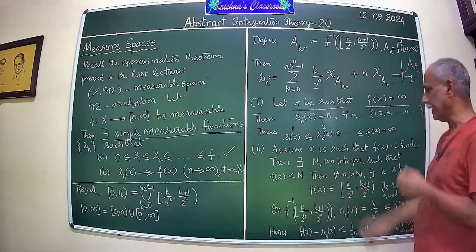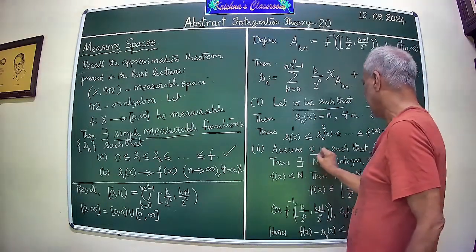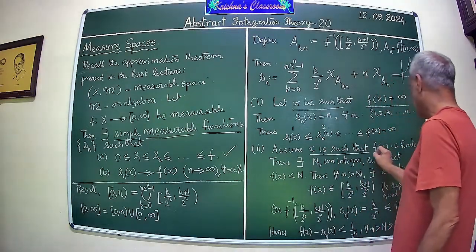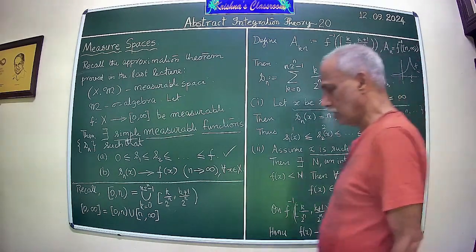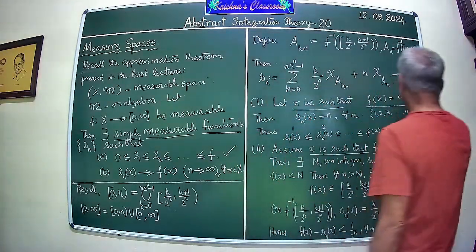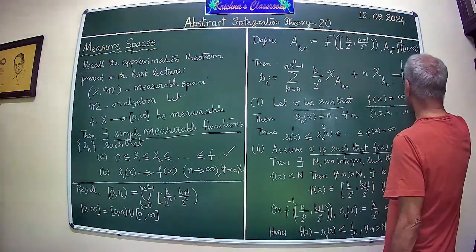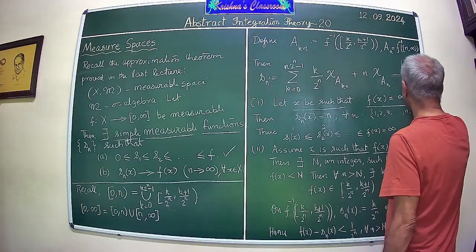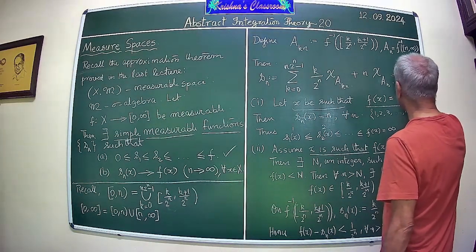Now we take the case where x is such that f(x) is finite. See, this is x, say, and this is your f(x).